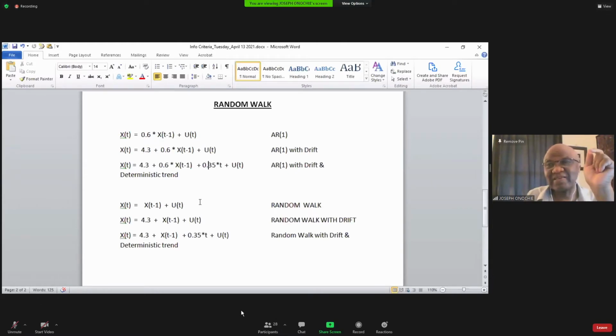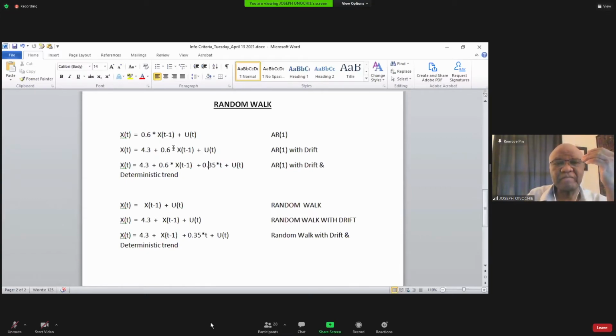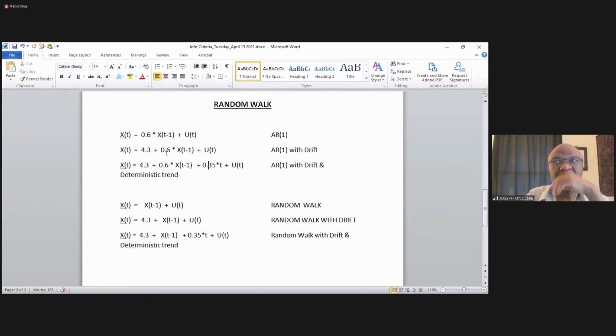But really, if we want to test for stationarity versus non-stationarity, for this AR1 to be stationary, what value must this coefficient take? Remember, we discussed it in class. Anything between -1 and 1. So the absolute value of the coefficient has to be less than 1. Exactly.